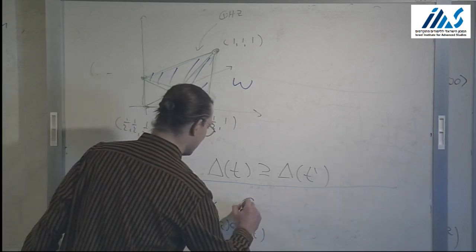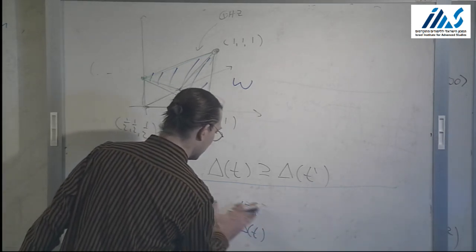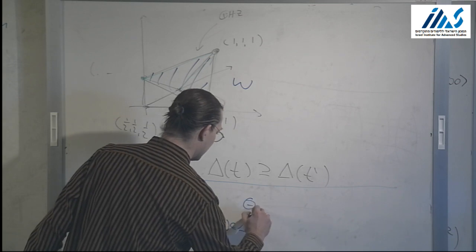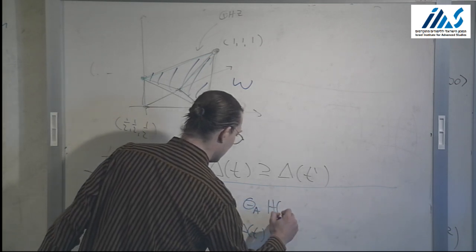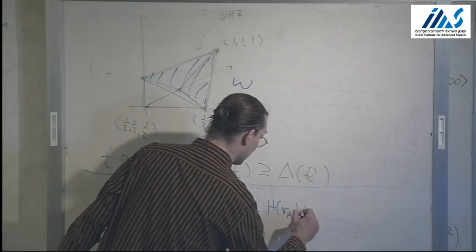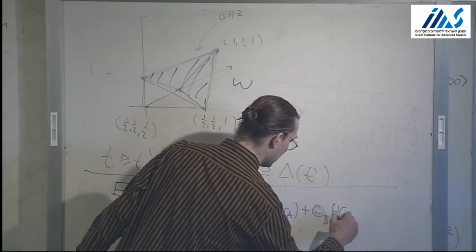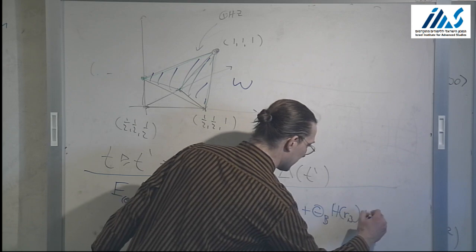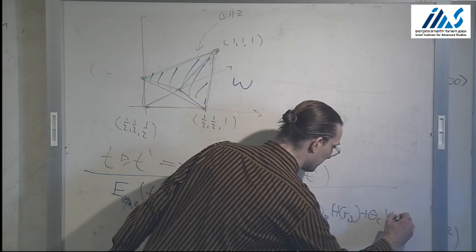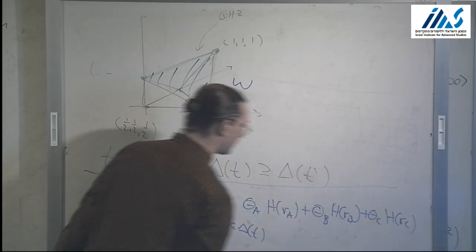And then you take the maximum entropy. So you take theta A times the entropy of RA plus theta B times the entropy of RB plus theta C times the entropy of RC.